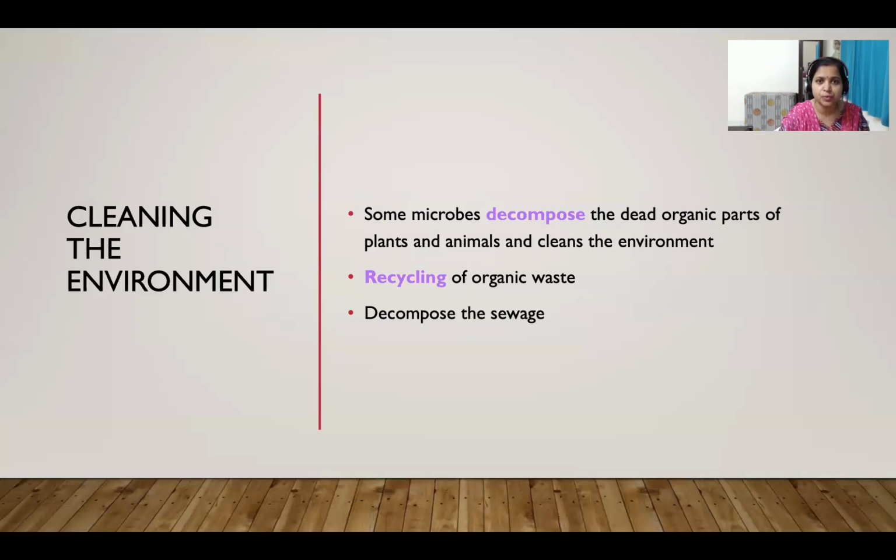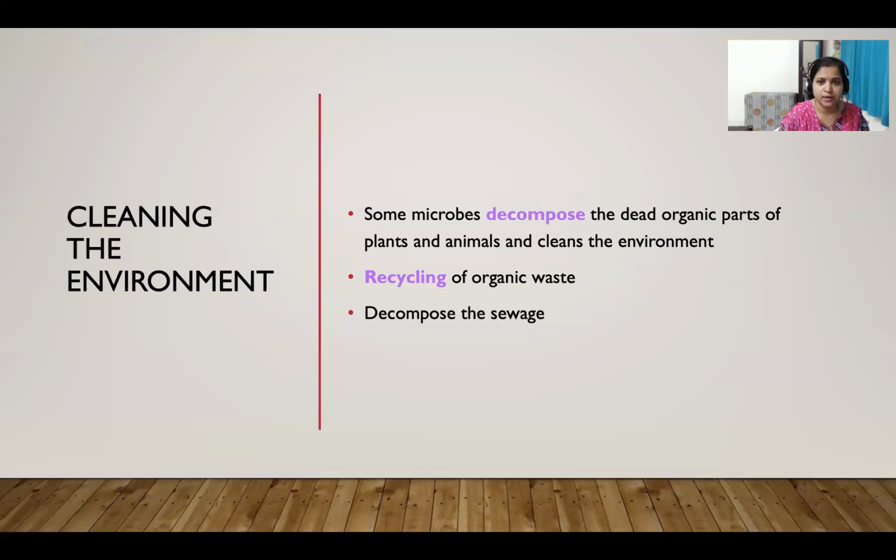When they decompose the different dead bodies of plants and animals, they again make it reusable by the plants. Okay, and they also decompose the sewage. Sometimes you might have noticed, when you throw some garbage or vegetable peel in some places, after some days you will never see them. Okay, so it will be decomposed by the microbes and mixed into the soil.